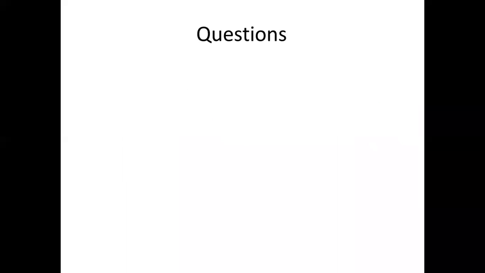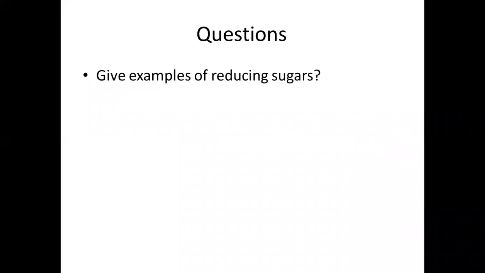So now, from our previous class, we did mention examples of reducing sugars. Examples of reducing sugars. Can you remember any? Any examples you can remember?